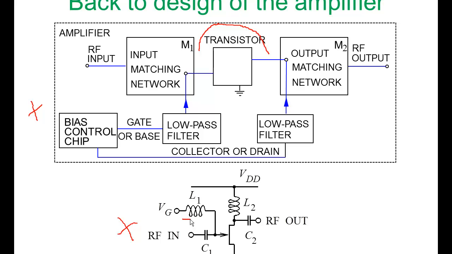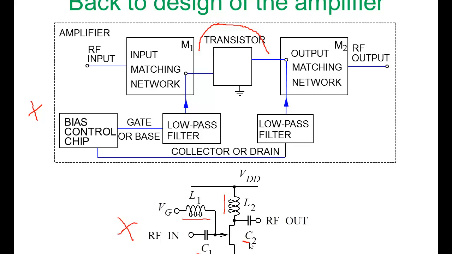So what we have here is an inductor at the input, L1. This will be a large inductor, and its purpose is to allow DC current, or DC voltage in this case, to be applied to the input of our field effect transistor. So L1 will have a large impedance at RF. It'll look like an open circuit, and L2 functions exactly the same way.